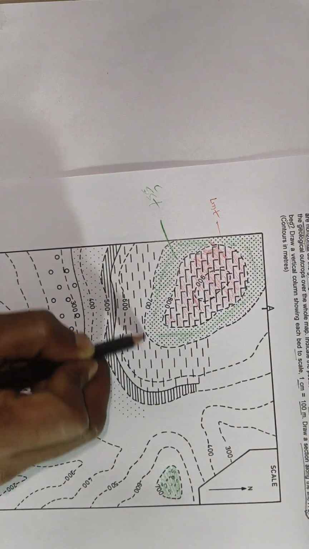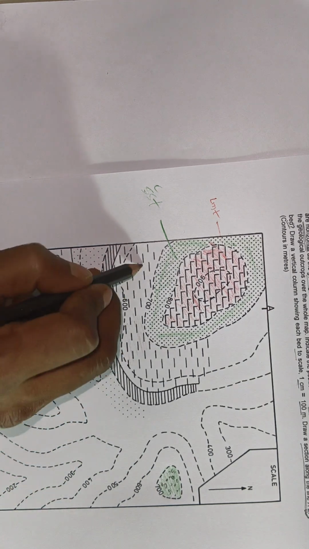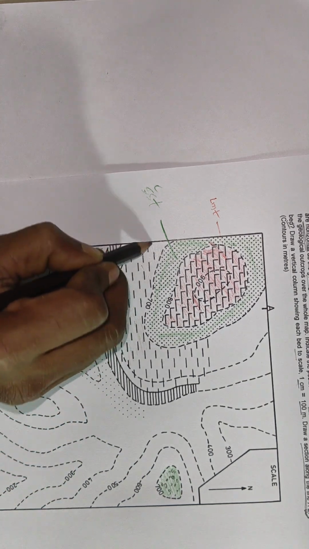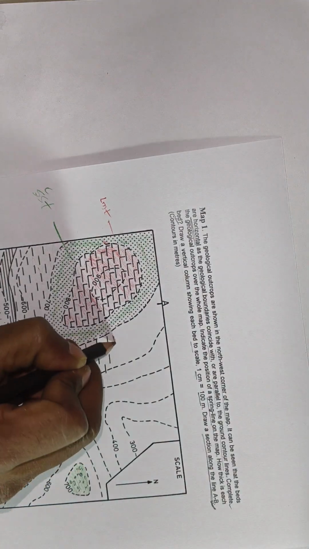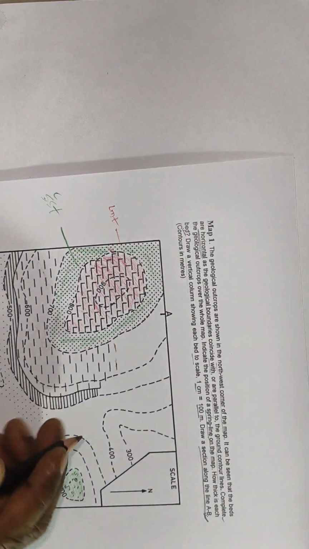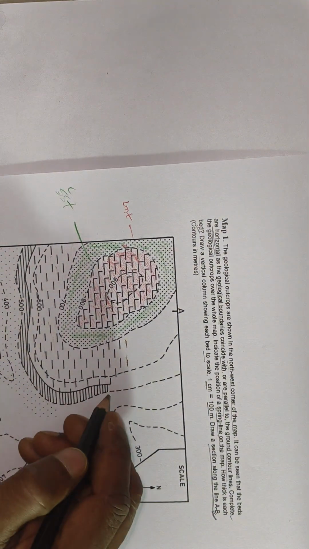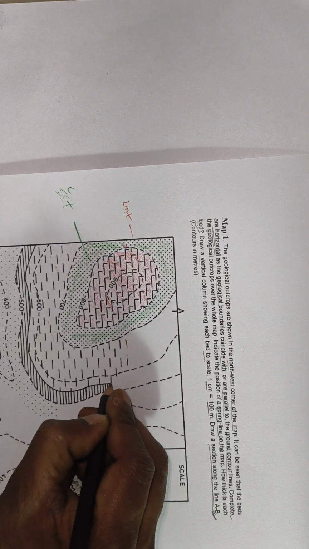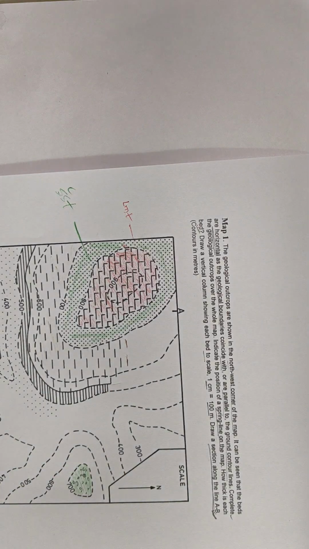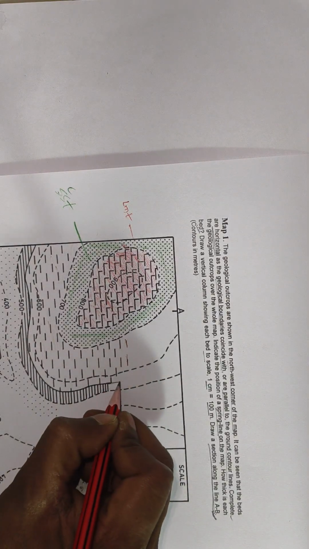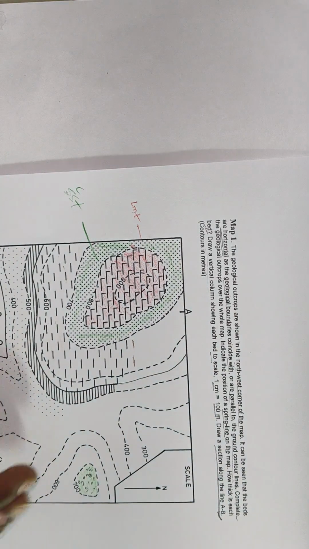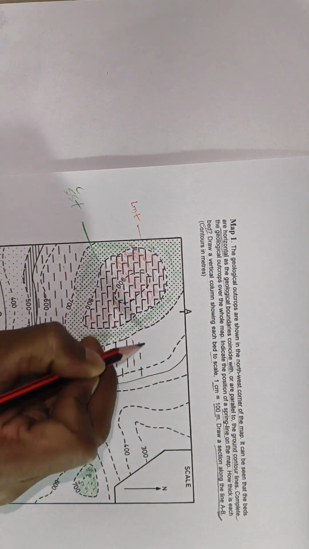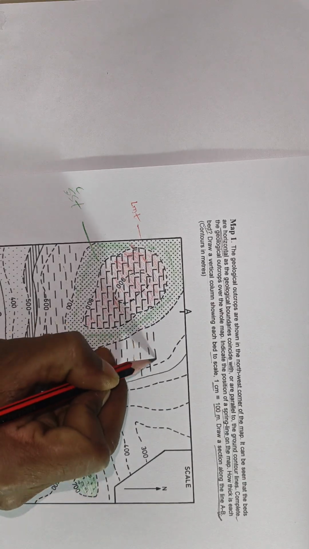The next one is our clay or mud. This is the representation of clay or mud. Let's complete this. Before that we will complete this litho, and the representation is like this.